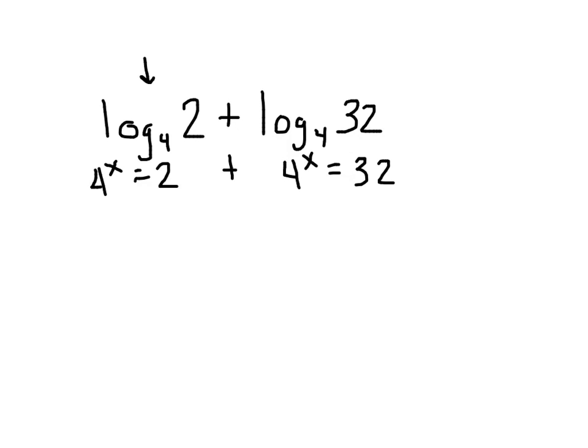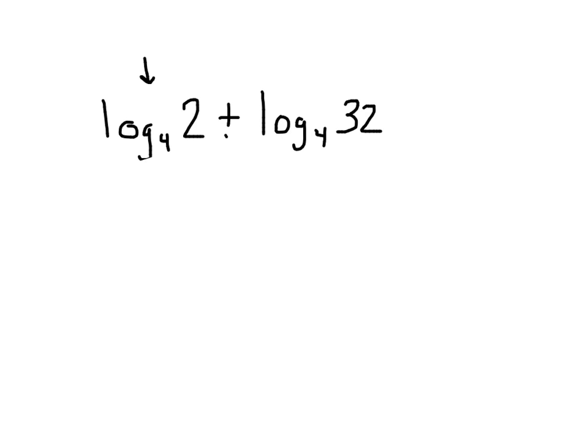Looking at that, that's kind of a big mess because we have adding and equal signs all over the place. The other thing is I can't write 32 as 4 to the something, and I can't write 2 as 4 to the something. So those particular things, we're not going to rewrite. Not yet anyway. That's just a little bit too much work.